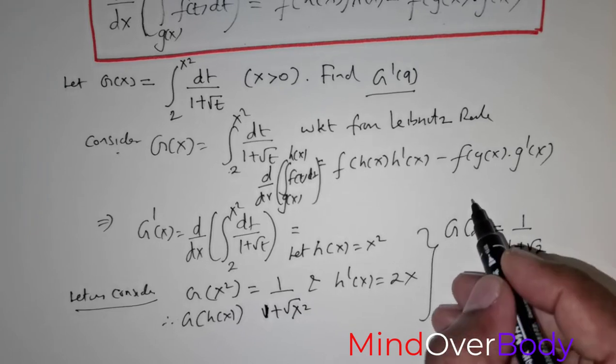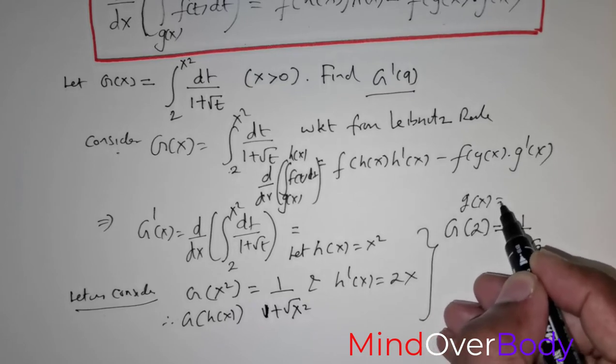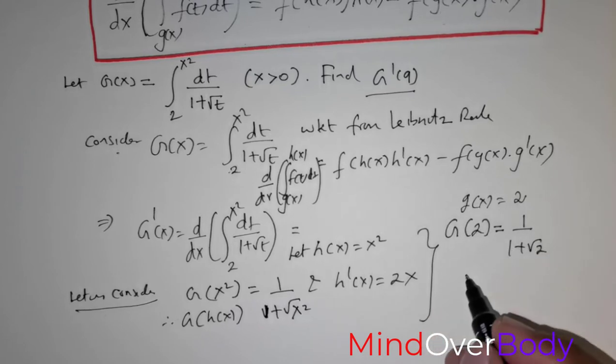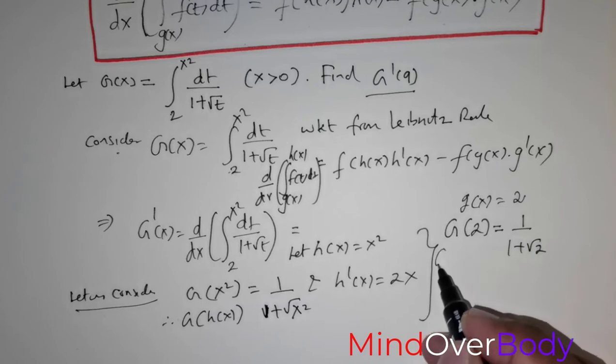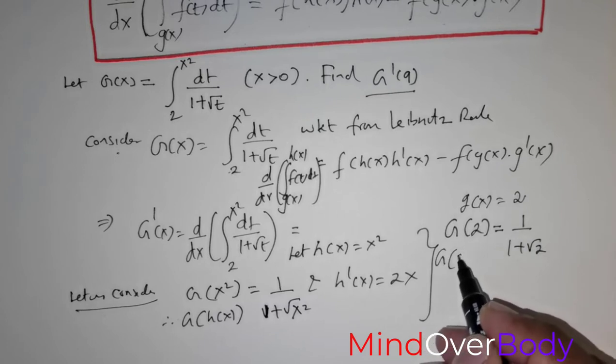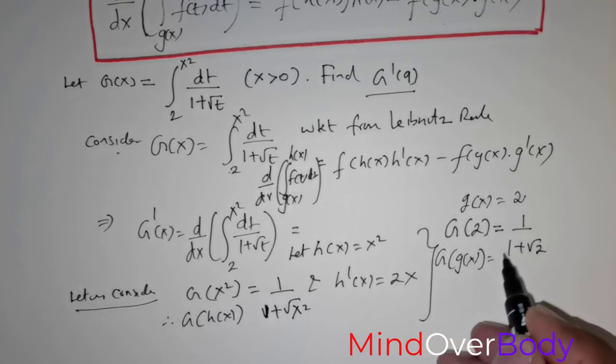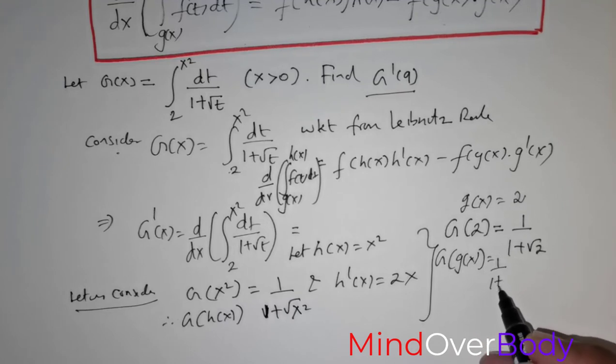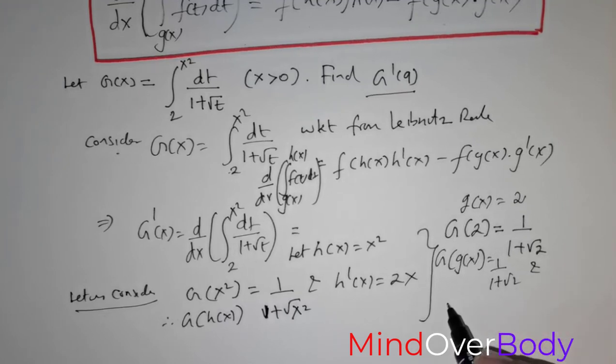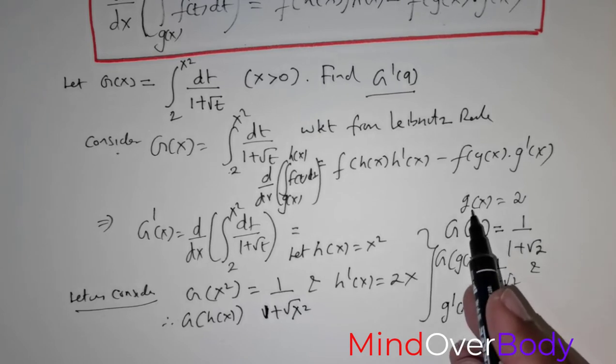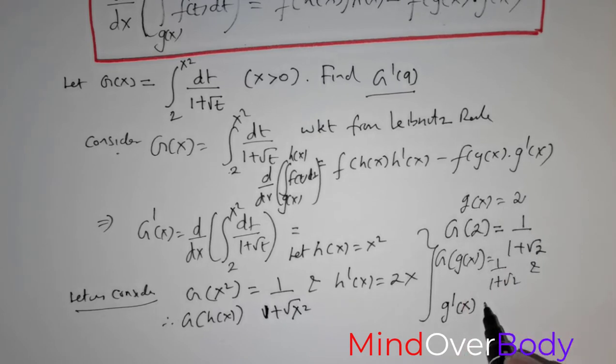So if I were to take g of x is equal to 2, this is nothing but a constant, which is 1 over 1 plus root 2, and g dash of x, g of x being equal to 2, so g dash of x is going to be equal to 0.